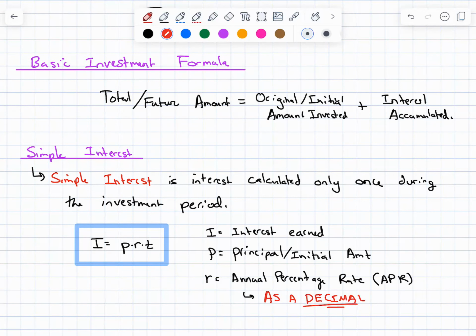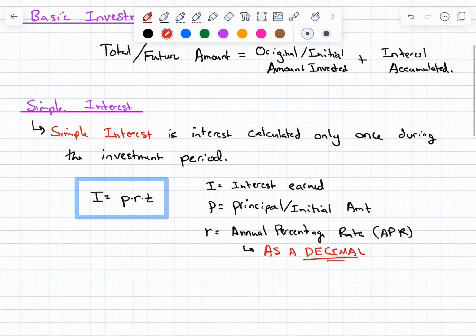If you use the percent form, you will get some not too outlandish numbers when it comes to simple interest, but with compound interest, you will end up getting some massive investments. Like an investment of $100 over 10 years will end up getting like 2 million, which would be awesome. Love that it was true. But sadly, that's not the world we live in. T is equal to time in years.